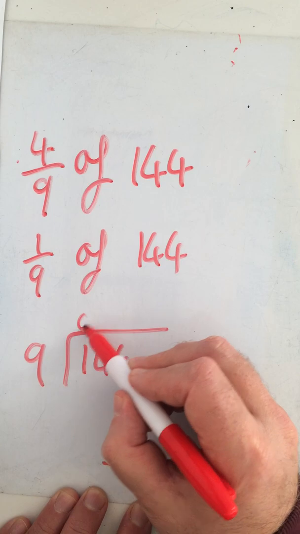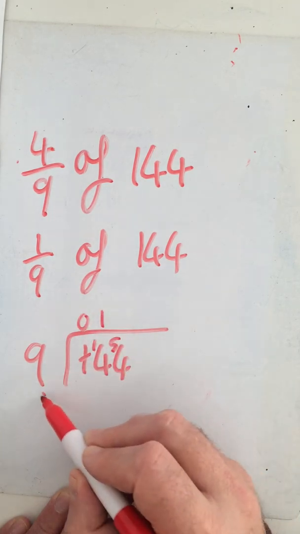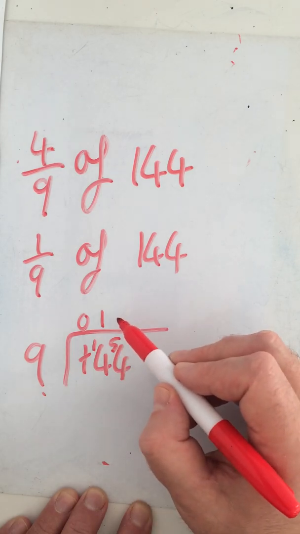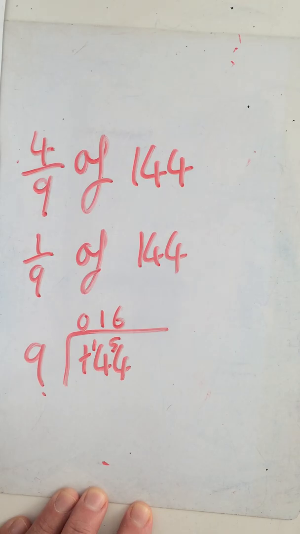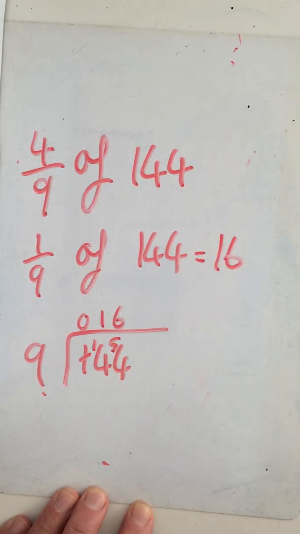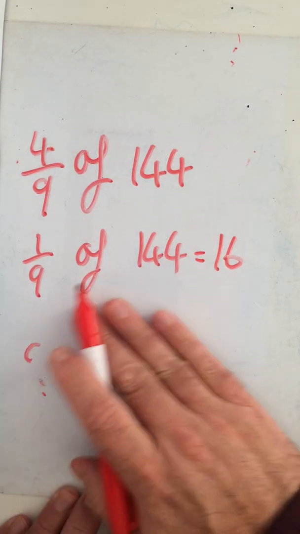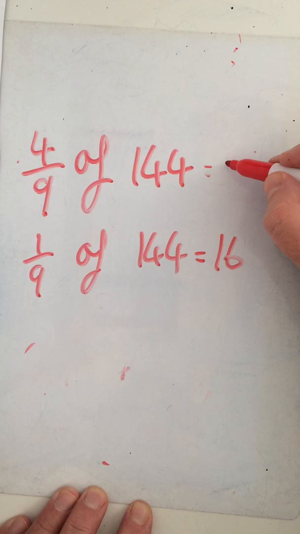How many 9's in 14? 1. Carry the 5. How many 9's in 54? 6. So 1/9 is 16. Then we have to do that 16 times 4. 16, 32, 48, 64.